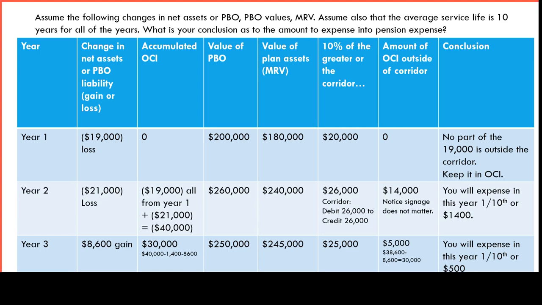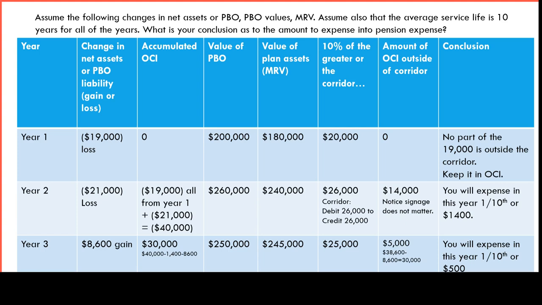If you were to go on into the second one, and year one, say, is the first year of our operation, so we had nothing in AOCI. If you had a 21 loss, then when you get to the second year, your AOCI has grown up to 40. And when you do your calculation, you get 10% of the bigger of PBO or plan assets, it's 26.